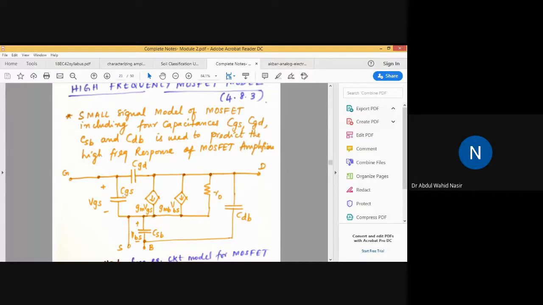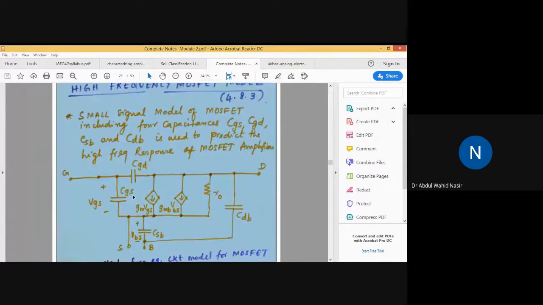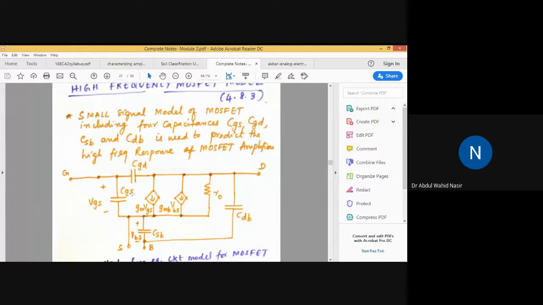The suffix of this capacitor is very easy: the terminals that it joins represent that capacitance. So we add this capacitance between terminals G and S.